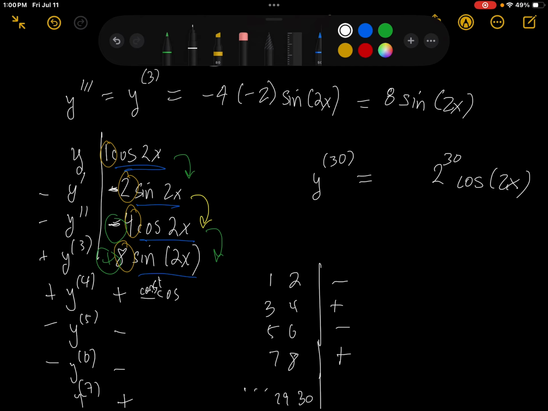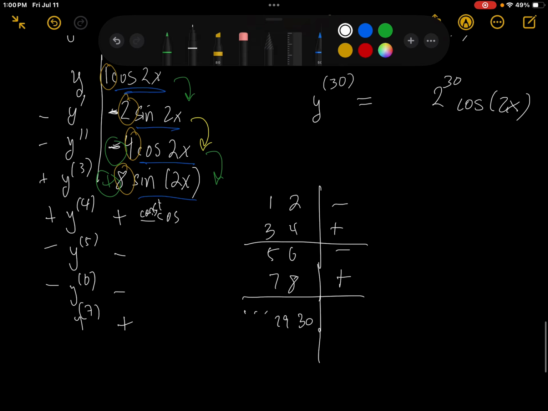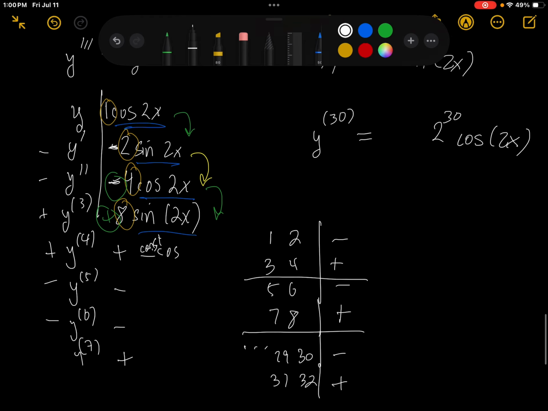See, every 4, it's a minus plus block. So then when you get to 29, 30, 30 is not a multiple of 4, but you have 29, 30, 31, 32, and then you're going to get a minus and a plus. So for the 30th derivative, you're going to get a negative. So you have a negative here.